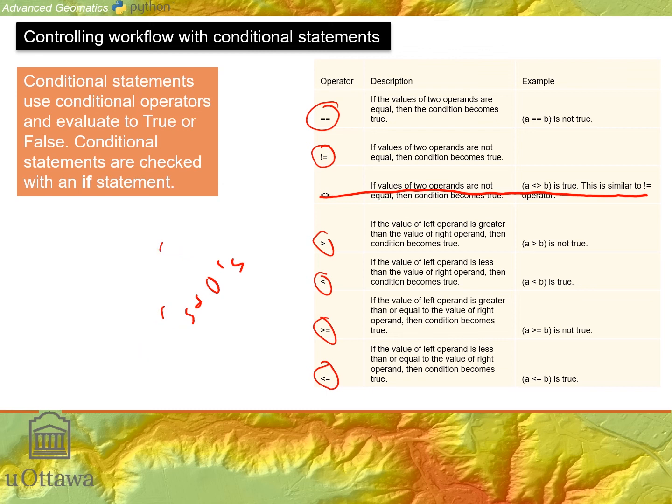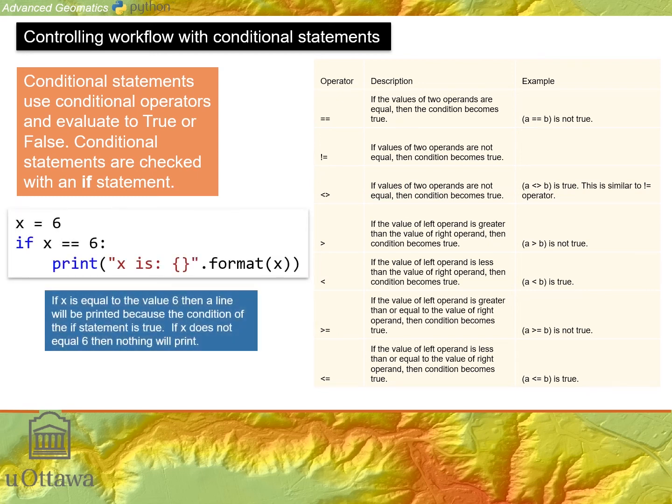And we can also use these in the context of controlling code operations or code execution as well. So for example, x equals 6, we can say if x, notice the double equals here, because that's the relational operator, is double equals for equivalence, called logical equals, whereas here this is called the assignment operator.